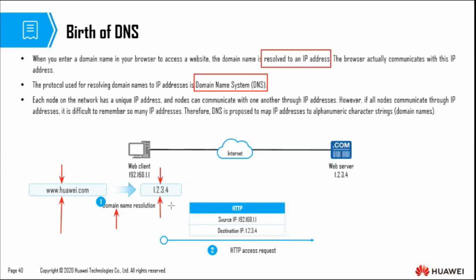Initially, we just used to access servers by typing their IP addresses. But that was quickly overtaken by the use of domain names. And now, in order to translate domain names to IP addresses, we needed the domain name server.